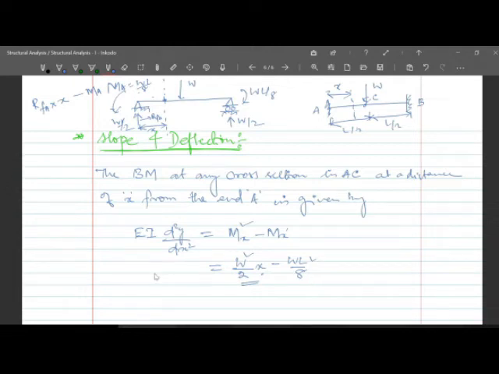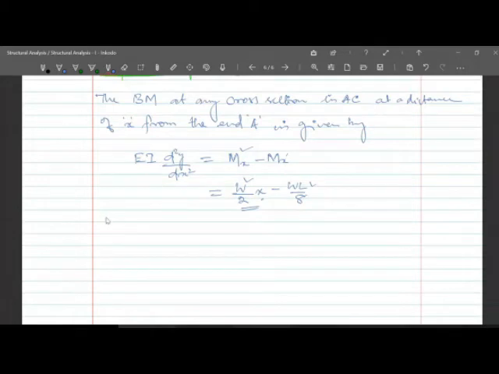So that is w/2 into x minus wl/8, right? Now if I integrate on both the sides, we have EI dy/dx equals, if I integrate this, wx²/4 minus wlx/8.